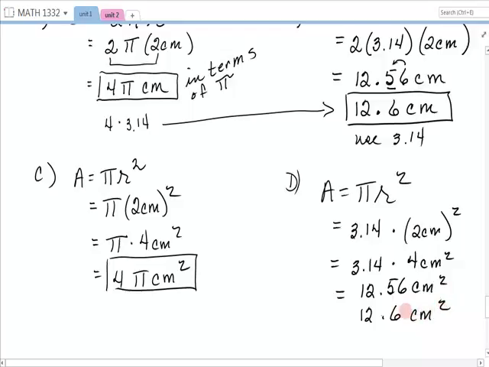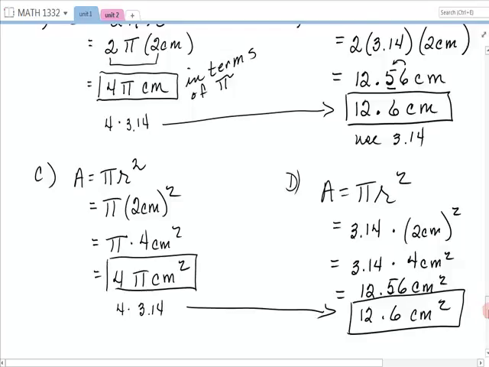The only reason that the number parts of the answers are the same is because it was the number 2. Up here you're multiplying 2 times 2 because there's a 2 in the formula. Down here you're squaring 2. Either way you got 4. Could I have done 4 times 3.14 to get that? And the answer is yes.